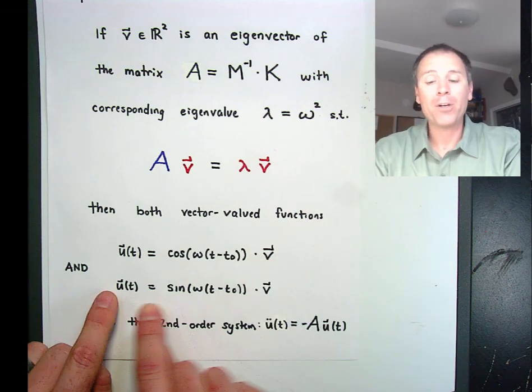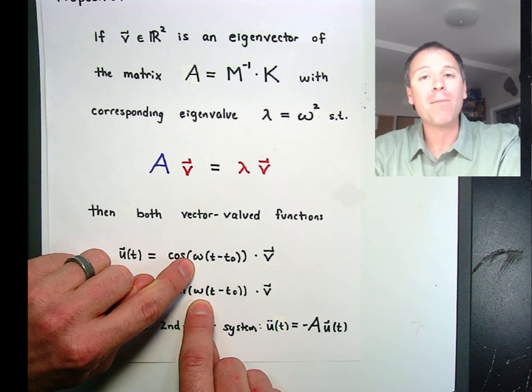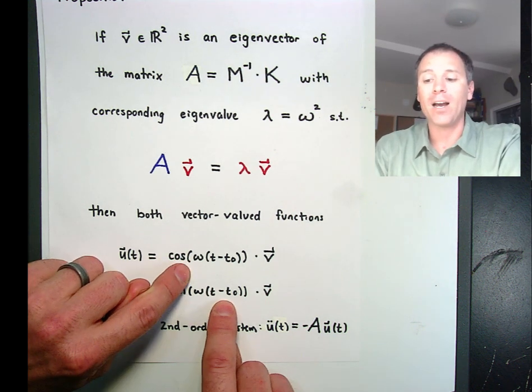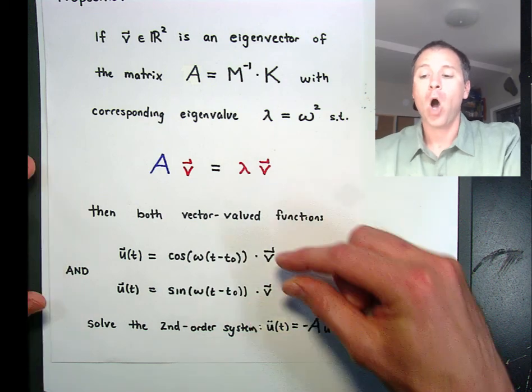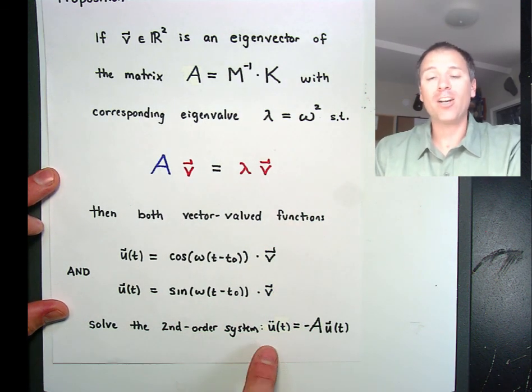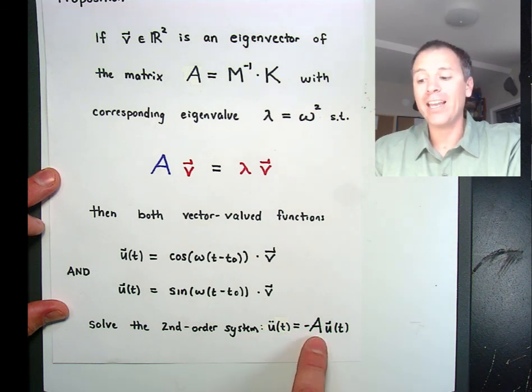And then I have a separate displacement function, u of t is equal to sine omega (t minus t naught) times vector v. These are the same angular frequencies omega. Both those displacement functions solve the second order linear system, u double dot of t is equal to negative A times u of t.